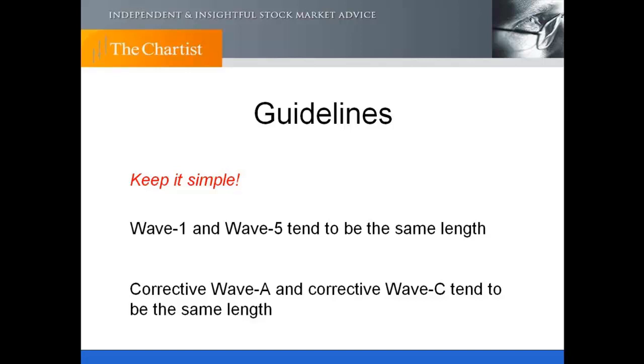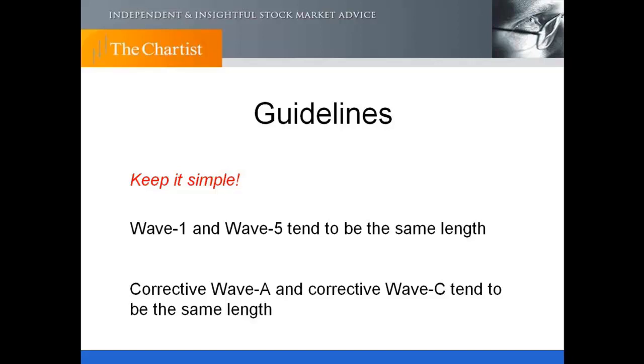Again, we're still in the guidelines. Wave 1 and wave 5 tend to be the same length. Not all the time, there's nothing perfect, it's not science, but typically waves 1 and 5 tend to equality. The same thing for waves A and C in the corrective legs. Waves A and C tend to equality.